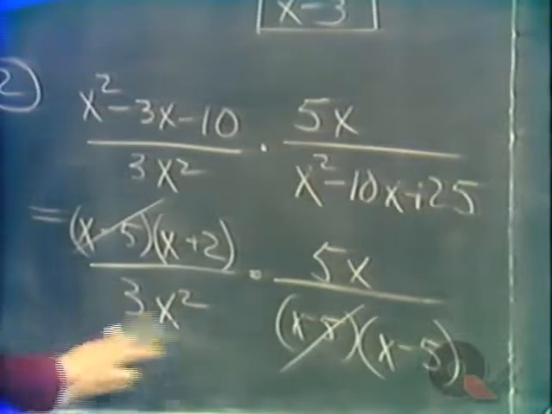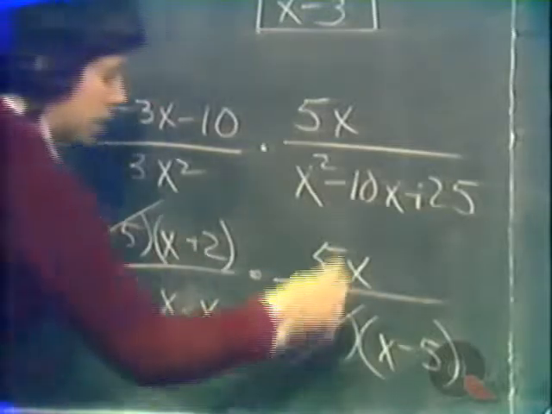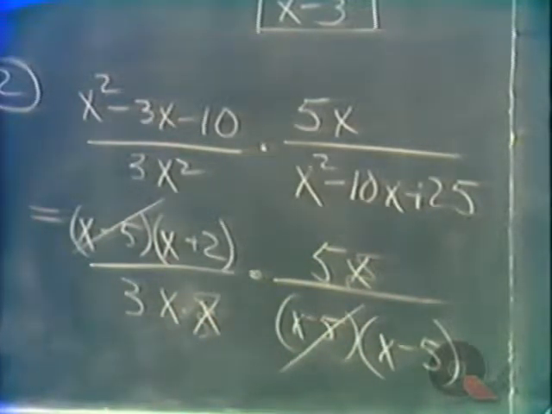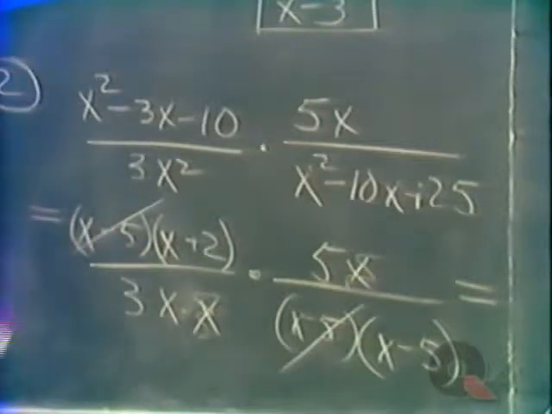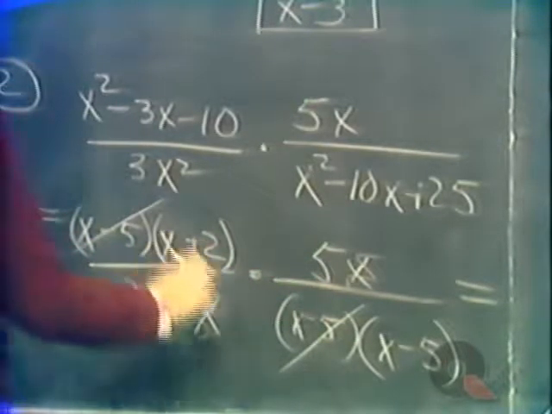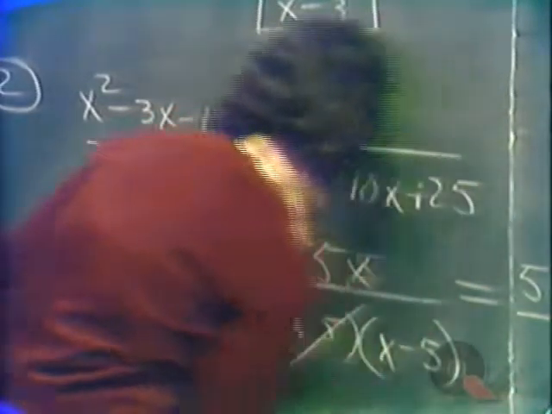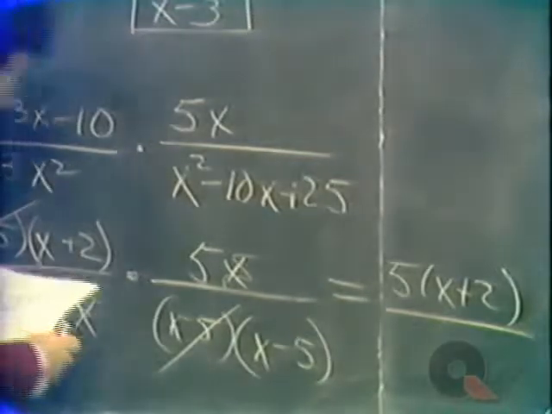If you think of 3x squared as 3x times x, we can cancel one of the x's. And let's see what's left. That leaves us with a final answer of: upstairs we have 5 times x plus 2, and downstairs we have 3x times x minus 5.